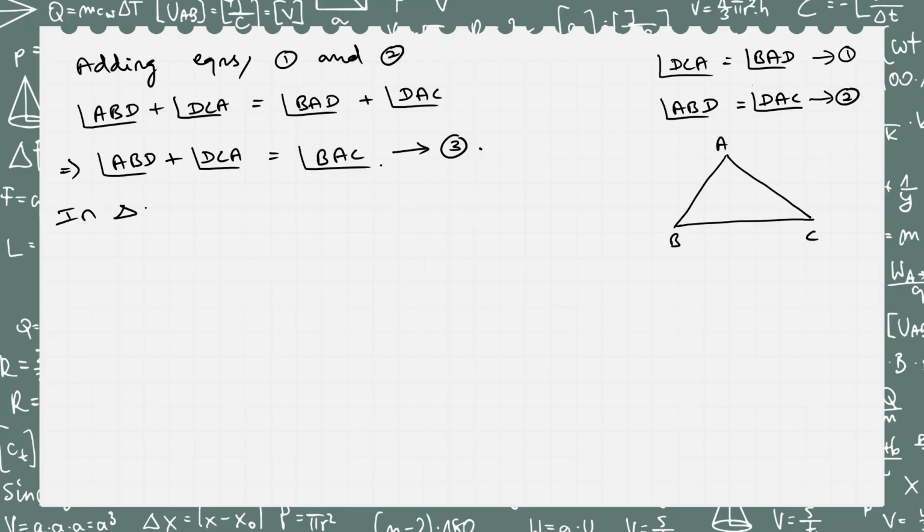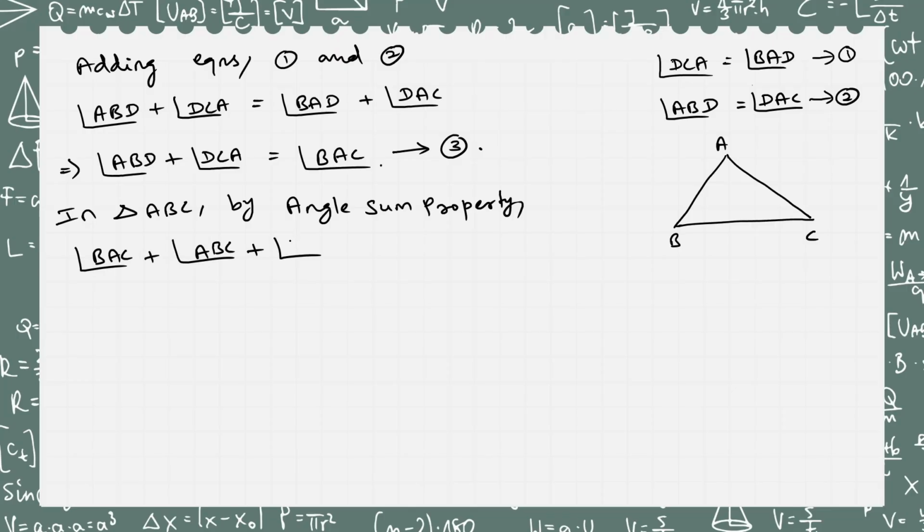In triangle ABC, by angle sum property, sum of all the angles is 180 degrees, right? By angle sum property, angle BAC plus angle ABC plus angle BCA equals 180 degrees. That implies angle BAC, I am keeping BAC as it is.